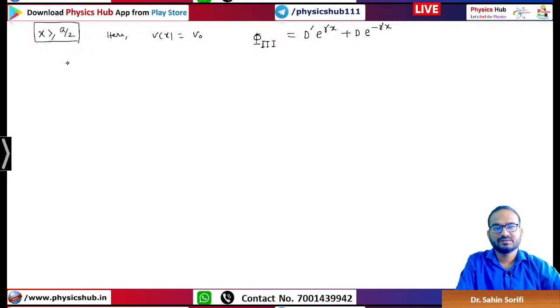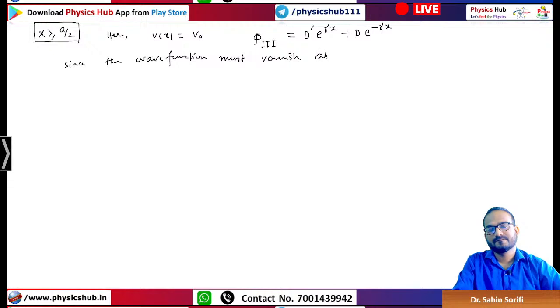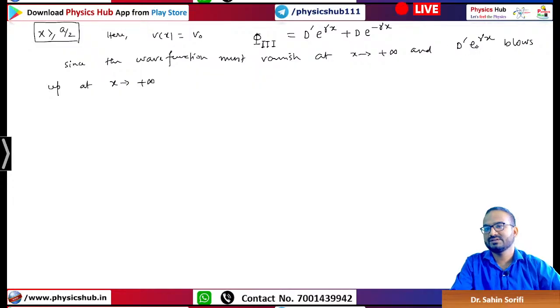Similar logic: the wave function must vanish at x tends to plus infinity, and D prime e to the power gamma x blows up at x tends to plus infinity. Obviously, if you put x equals plus infinity, this term diverges, but the other term is attenuating, right?